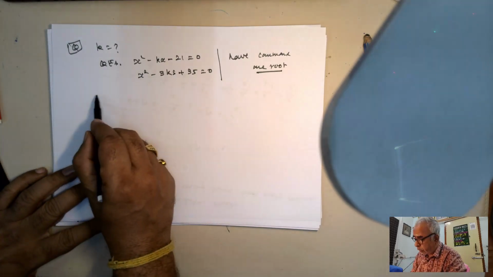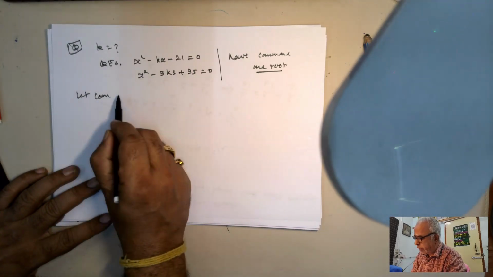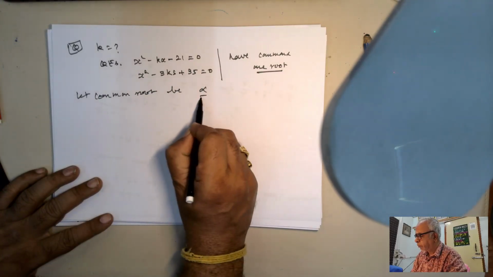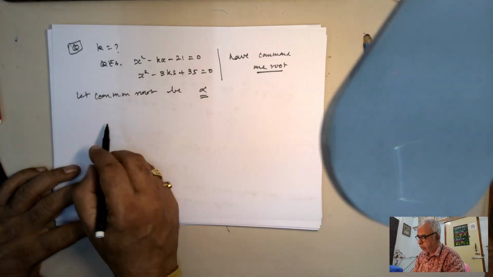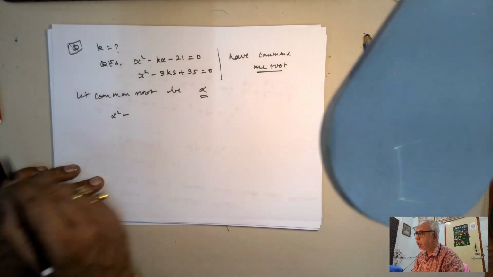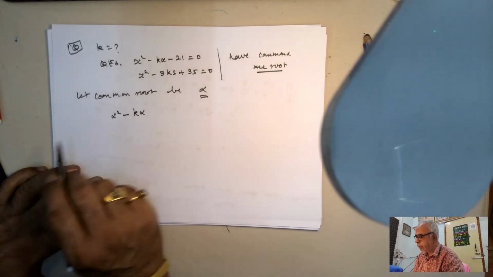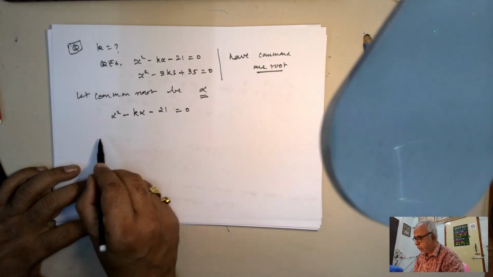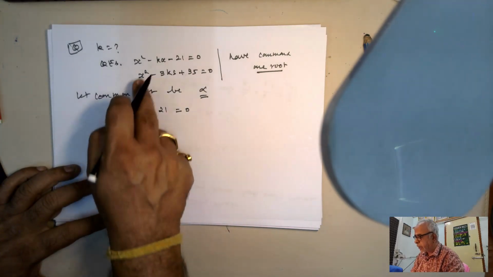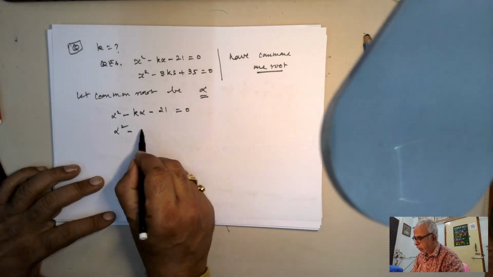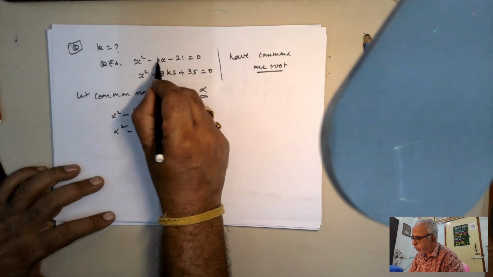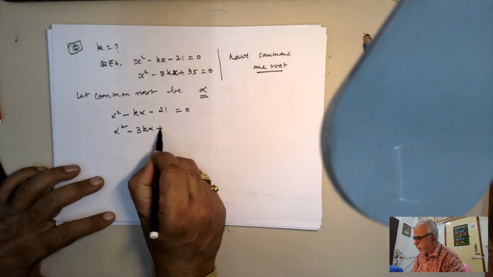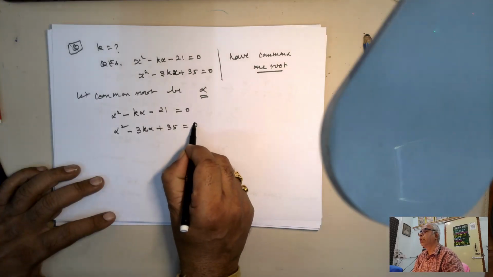Now let the common root be alpha. So we can write alpha squared minus k alpha minus 21 is equal to 0. Similarly, the second equation, alpha squared minus 3k alpha plus 35 is equal to 0.